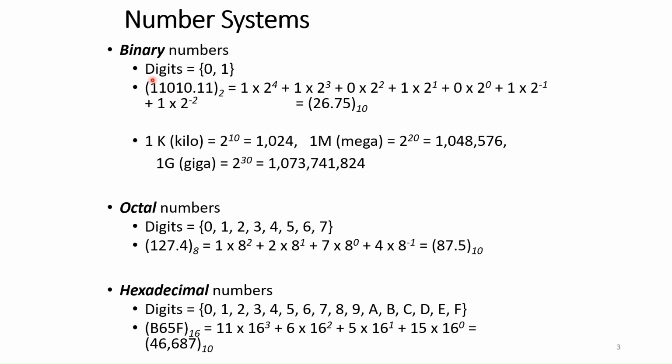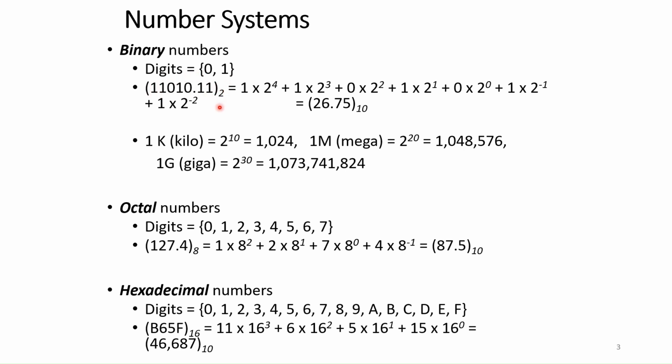So here it is giving another number. You know the binary digits are 0 and 1. So binary numbers are a string of zeros and ones. So here it is a big number, 11010.11 with a subscript 2. If the subscript is given, you know it is a binary number, because otherwise it could be a decimal number also, no?